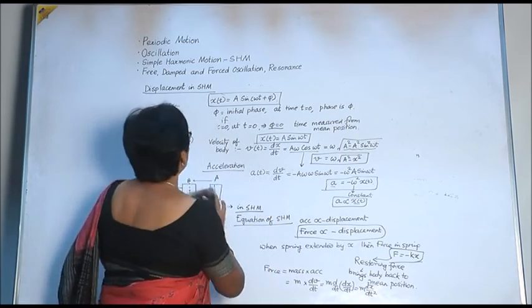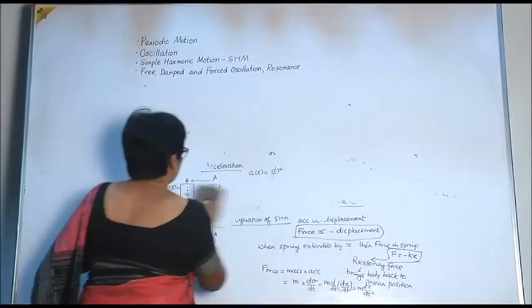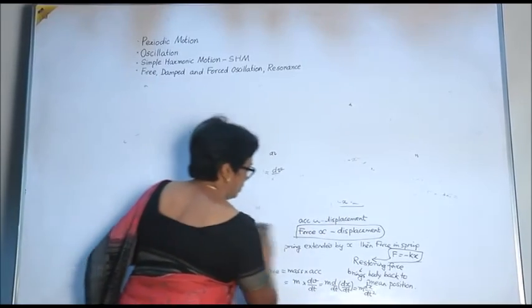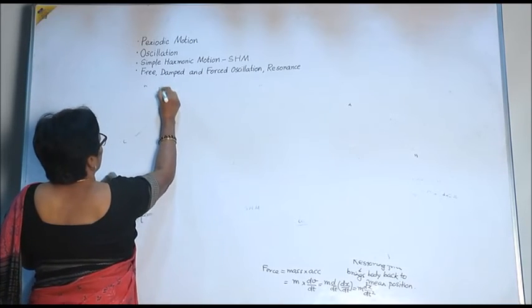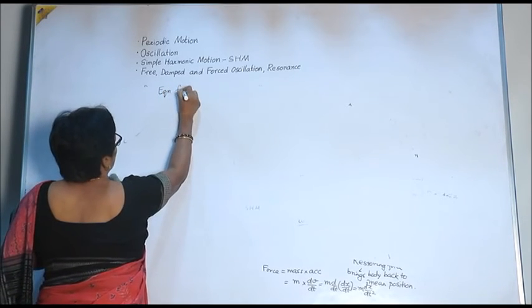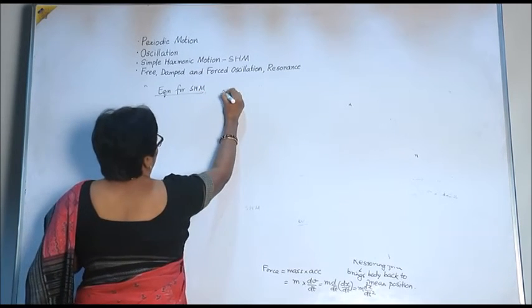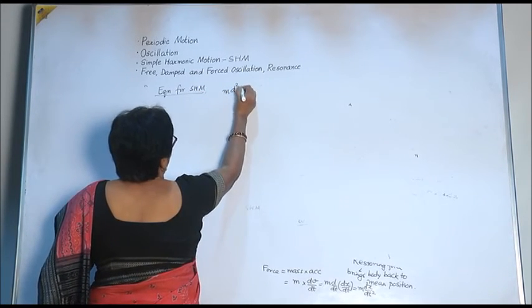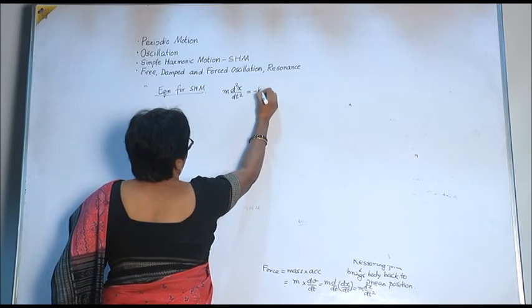So, force is equal to, so this gives you the equation for SHM: m d square x by dt square, this is force, is equal to minus kx.